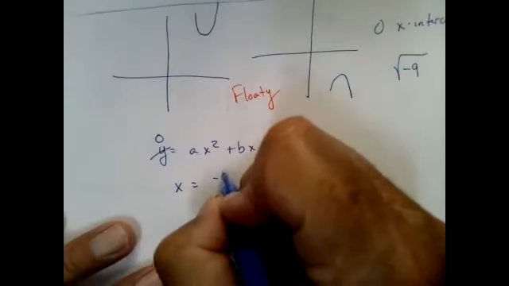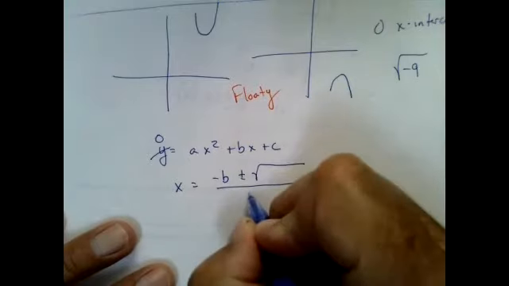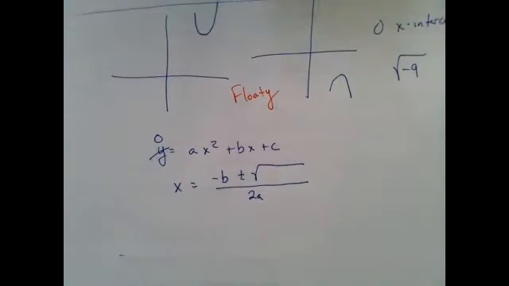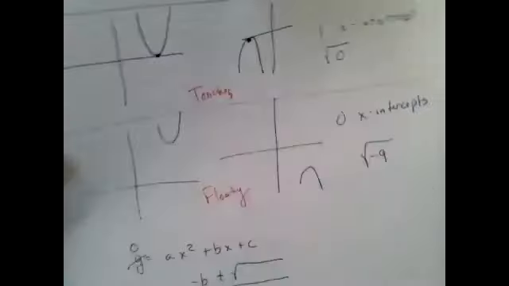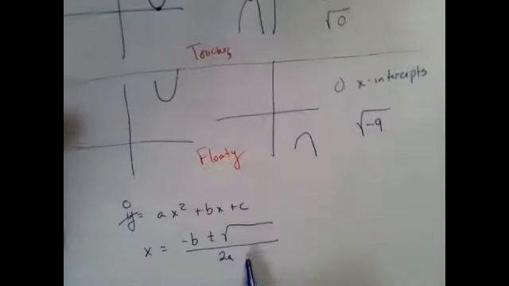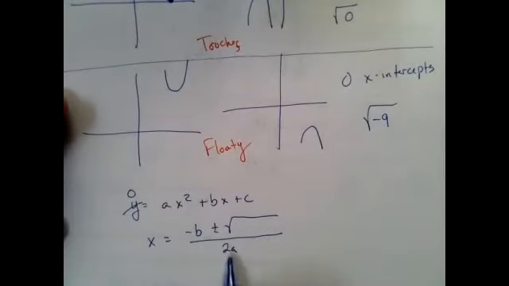And then I got something that looked like negative b plus or minus. There's that square root part again. And if that was a nice number, like a positive, ties right back into here, I know it's going to have 2 x-intercepts. If what's inside the square root turns out to be negative, I'm only going to have 1 x-intercept.